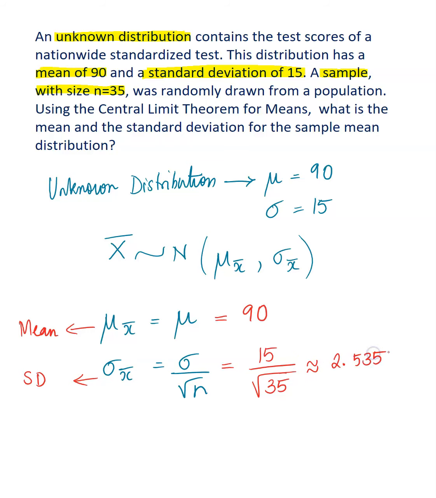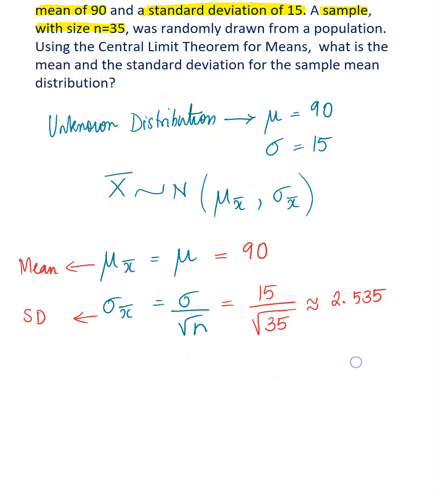So we're going to go ahead and compute this, and we'll get an approximate answer, 2.535. So we found the distribution to be normal because that's coming from CLT. CLT assures this. And we got that to be 90, 2.535. So you've got your mean and standard deviation for your sample mean distribution.